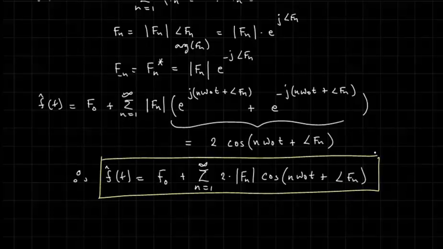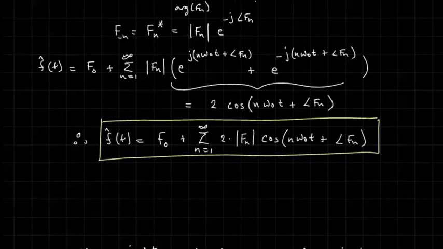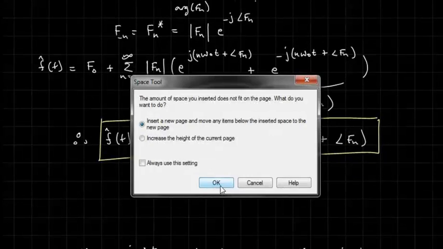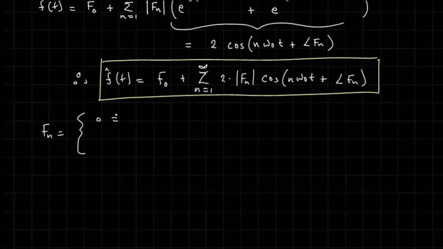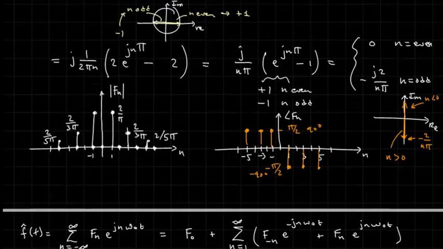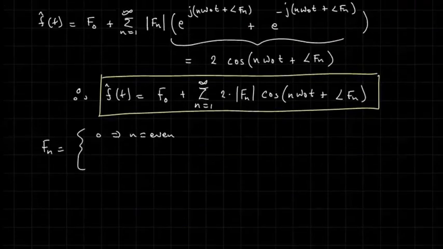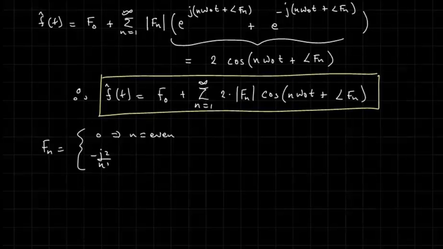Let's check that out for our example above. We found that f of n was equal to 0 when n was even, and we found, what was it, minus j2 over n pi when n was odd.